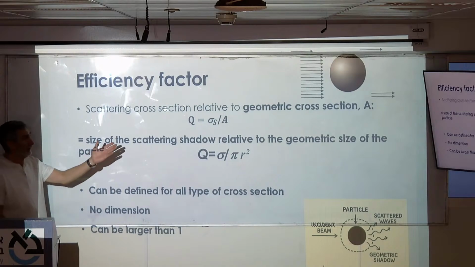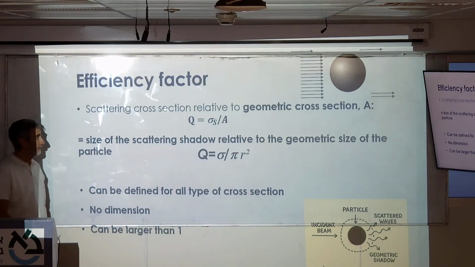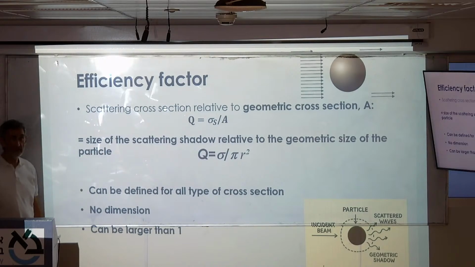It's a dimensionless quantity, and interestingly enough, it can be larger than 1. That means that the scattering cross section can be larger than the geometrical cross section. That actually expresses the fact that there is an interaction between the light and this object. It's not simply a screen. The light penetrates the sphere.